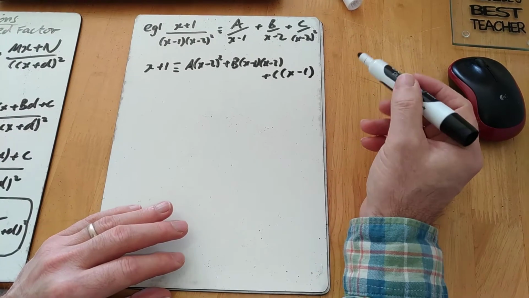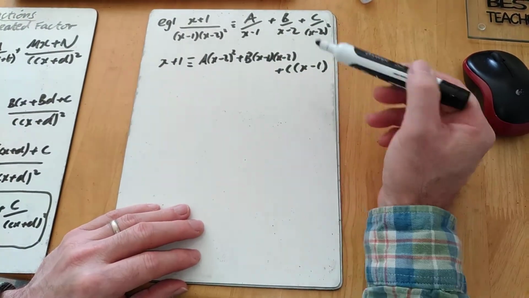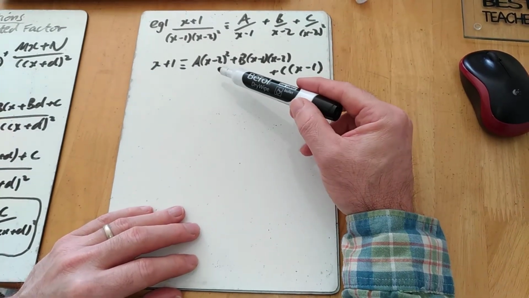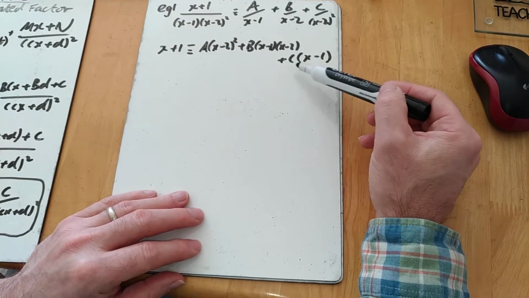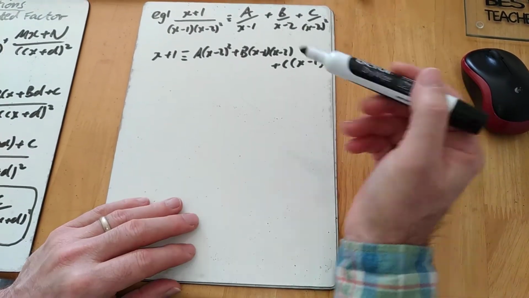So when I put x equals 1 in, it eliminates the b and the c term to help me find a. When I put x equals 2 in, it eliminates the a and the b term to find c. How then do I find b? Match up coefficients.